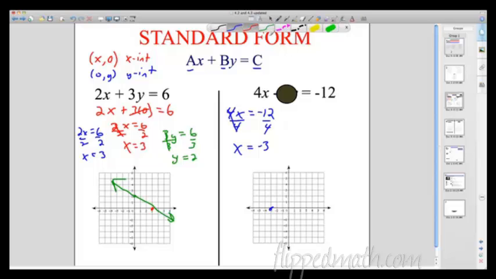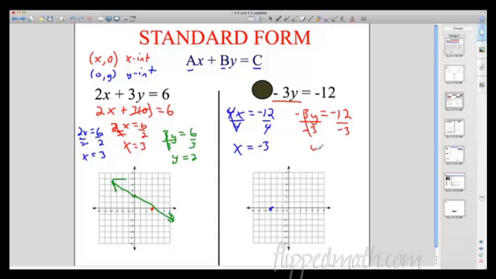Let's go again on the y. So I'm going to cover up my x's. x is 0. So I want to know what is y when x is 0. Be careful because this negative comes with it. This is all one term here. It's minus 3y, which is the same as negative 3y, equals negative 12. Now solve this. I'm going to say divide both sides by negative 3.